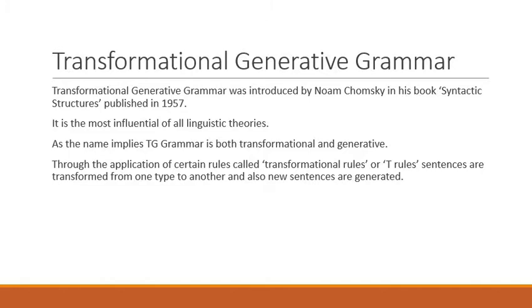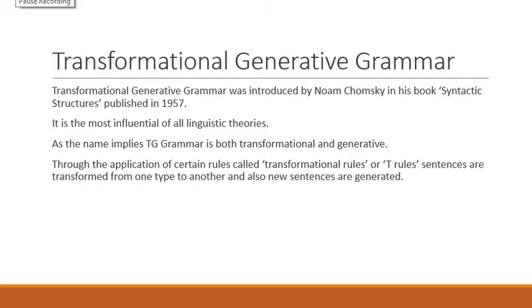Now, as the name implies, TG grammar is both transformational and generative. What do you mean by transformation? To transform means to change. And what do you mean by generative capabilities? Coming up with some new words, right? Generative is strongly linked to the process of creation.